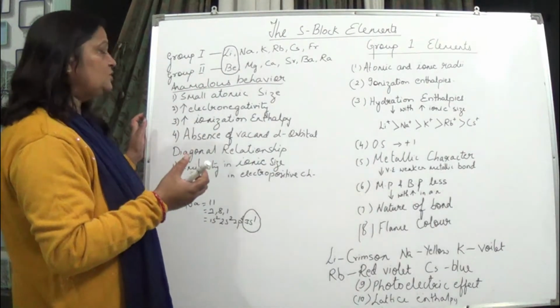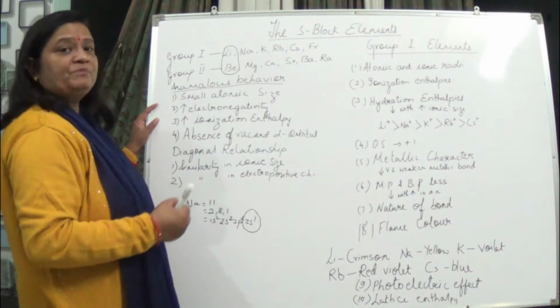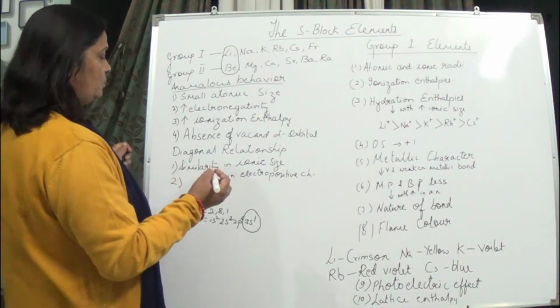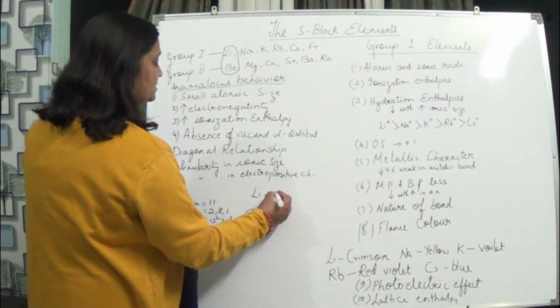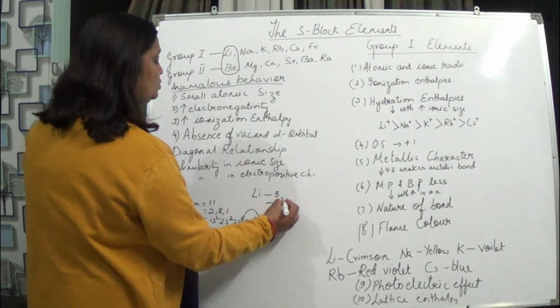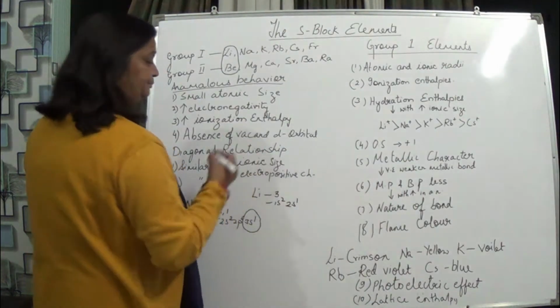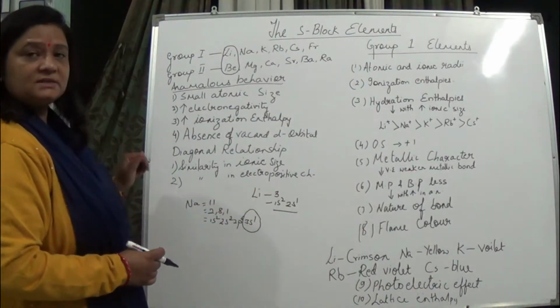when we are talking about lithium. Very small atomic size consisting of only 3 electrons, isn't it? Atomic number is 3, so it becomes 1s2 and 2s1. Very small in size.